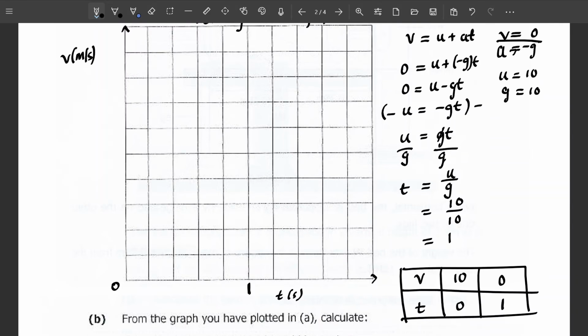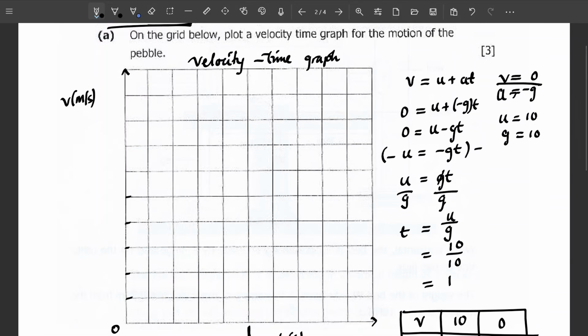So 1, 2, 3, 4, 5, 6, 7, 8, 9, 10. Let me just put 10 here.